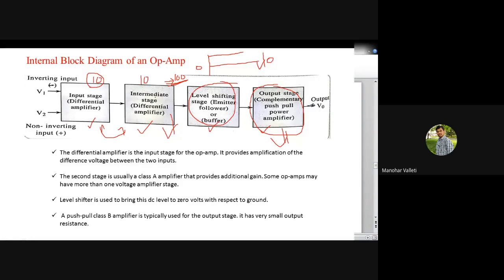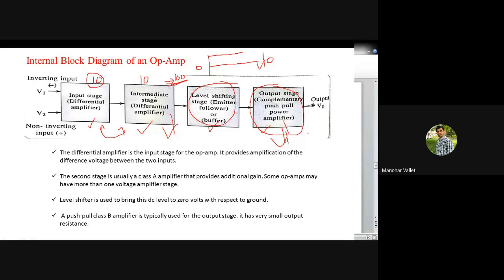To give it properly to the load, not only the voltage of the final output, it has to give a sufficient amount of current. That is possible only with the help of power amplifiers. That's why in the final stage we use, among the power amplifiers, the complementary push pull power amplifier, which is very important.